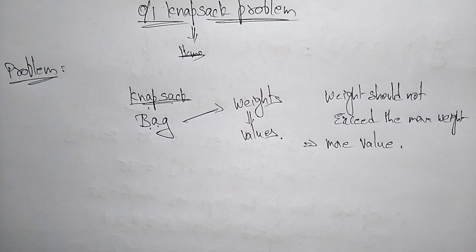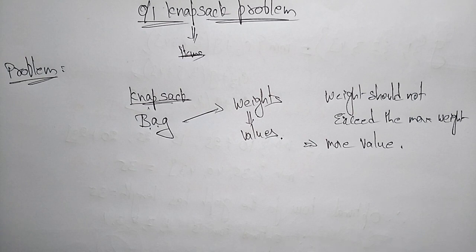Just like, suppose you want to buy an item in the shop. We see what the best thing is, but the best thing should be less cost. If it is less cost, we'll buy it. That is one example.